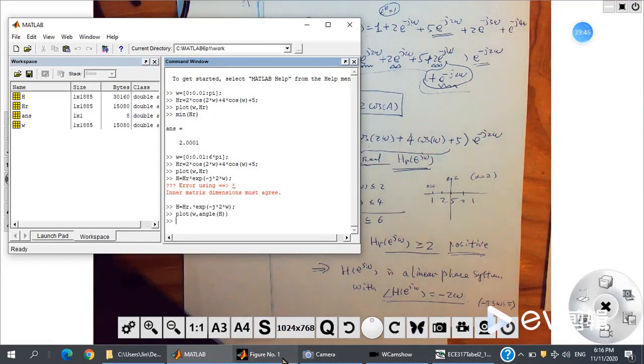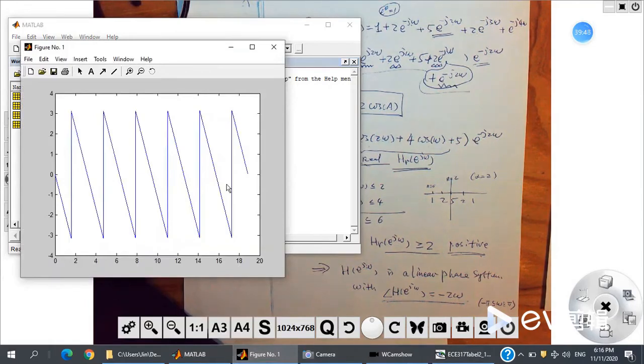How it looks like. You see, it is a separate segment, line and the line and the line, and not always a whole straight line. In one cycle, from negative pi to positive pi, it is a straight line.